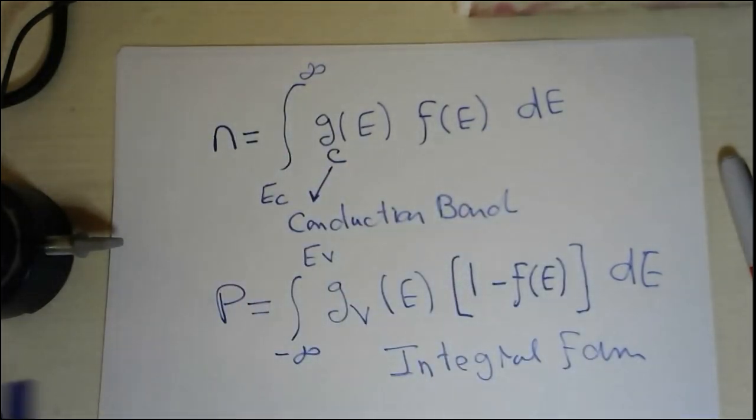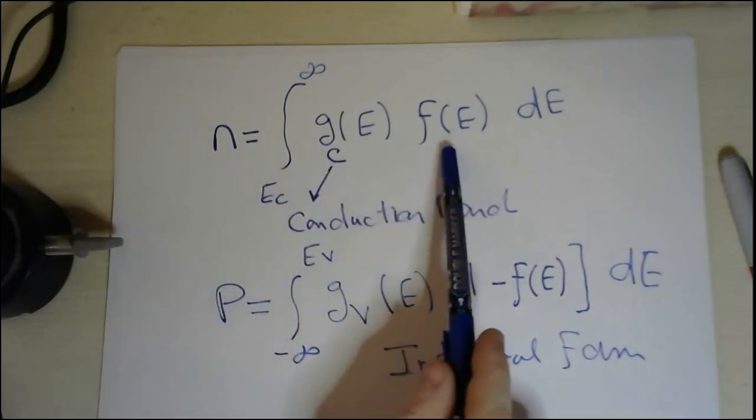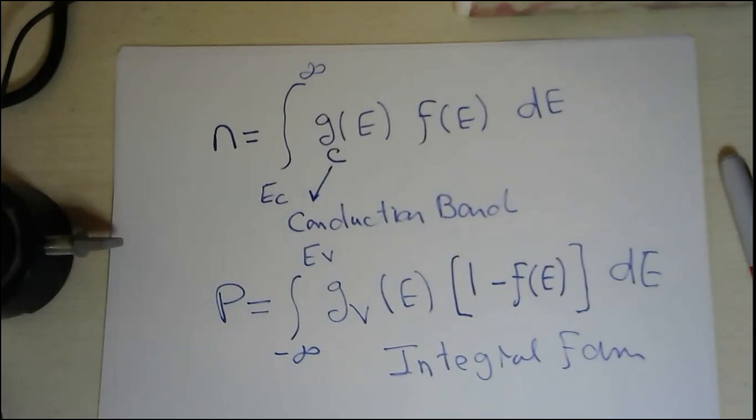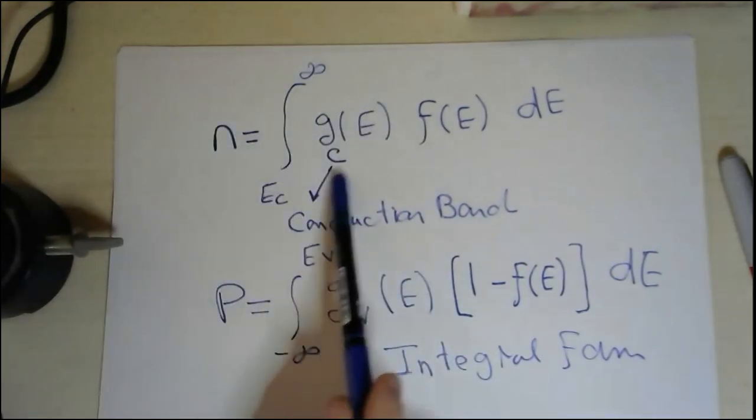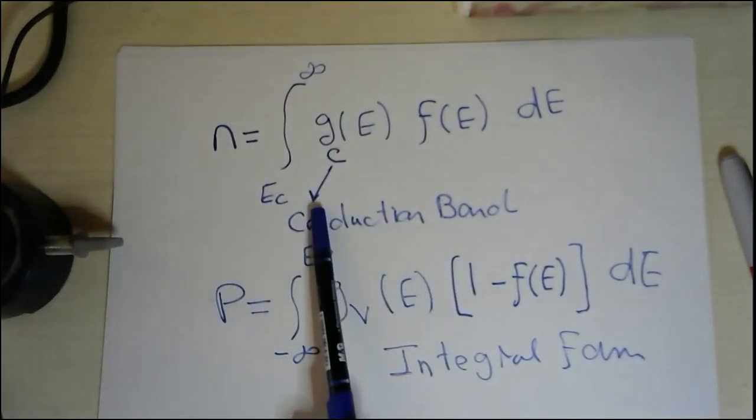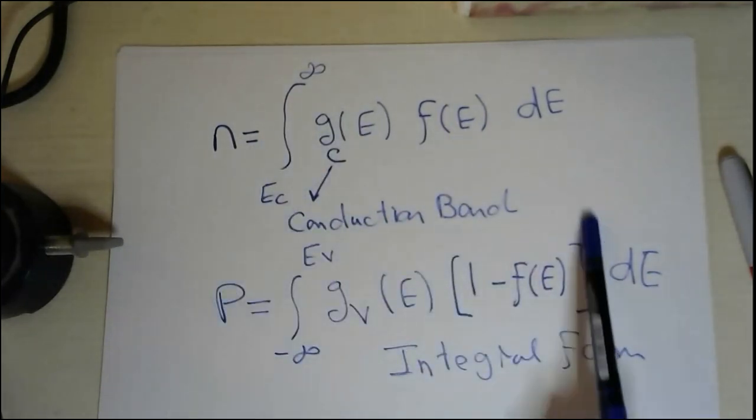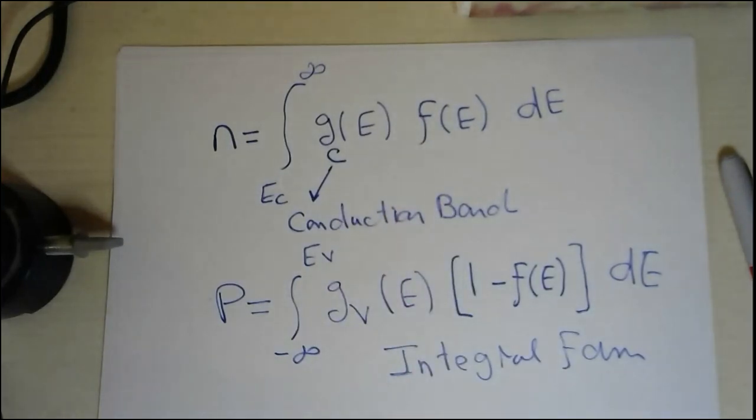And please note that the major part of the mark is on the integration limits, because the integration limits simply reflect your understanding. If you write n equals G of E times F of E, this is not correct, because now you are defining the number of electrons everywhere. However, electrons are only defined in the conduction band, and holes are only defined in the valency band. So this is the integral form for the number of electrons and number of holes. Now, let's return back to the slides.